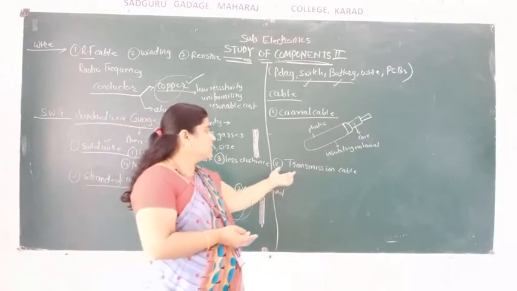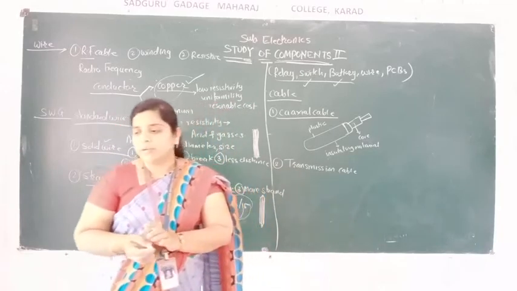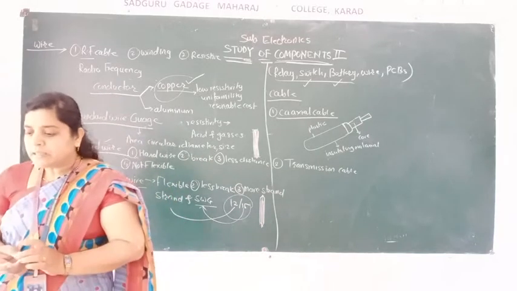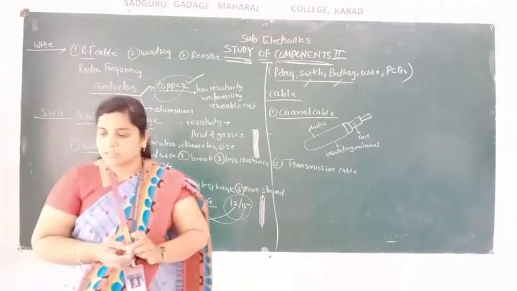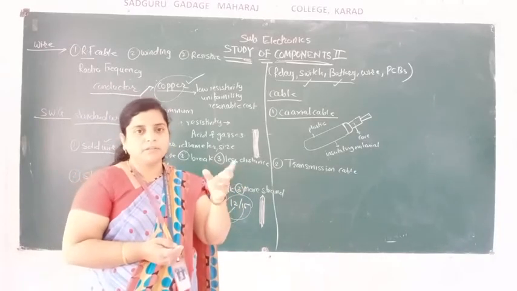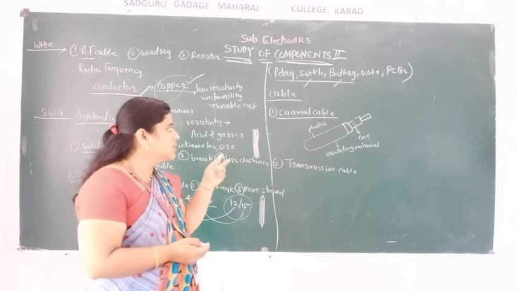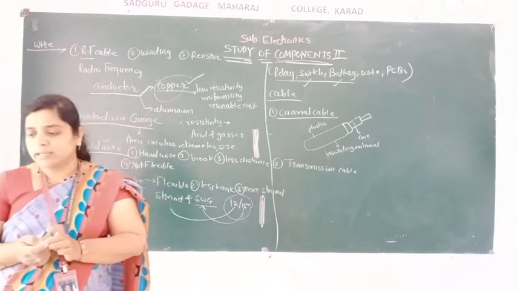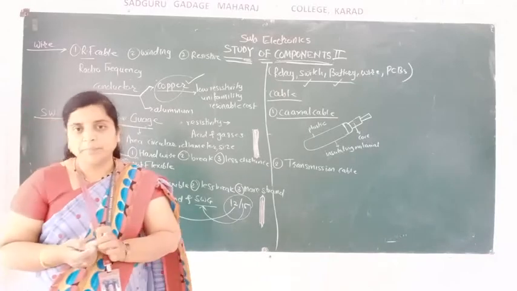Okay, so next is the transmission cable. Coaxial cable and transmission cable are the two cables. Coaxial cable has space between the two cables, and the transmission cable is called the transmission medium.